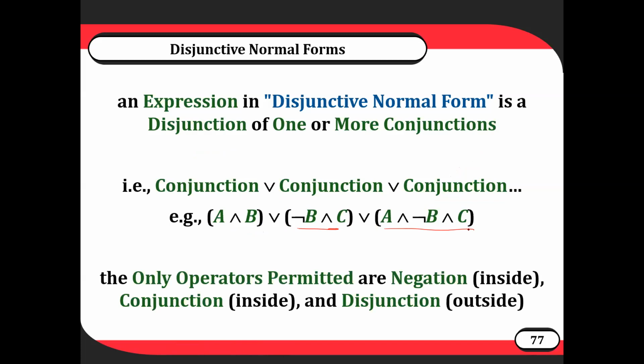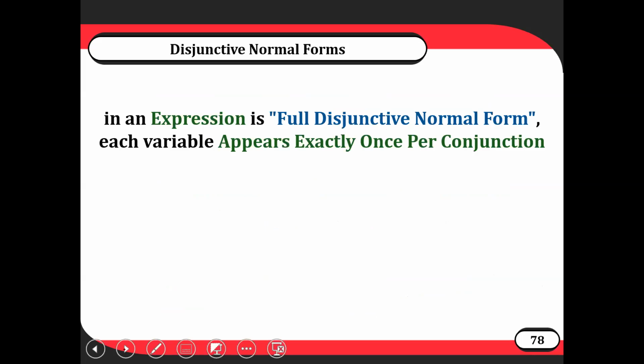There is a standardized way to do it, but in this class we always apply the brackets: negation inside the brackets, conjunction inside the brackets, and the disjunction outside the brackets, binding those conjunctions together. That's disjunctive normal form.